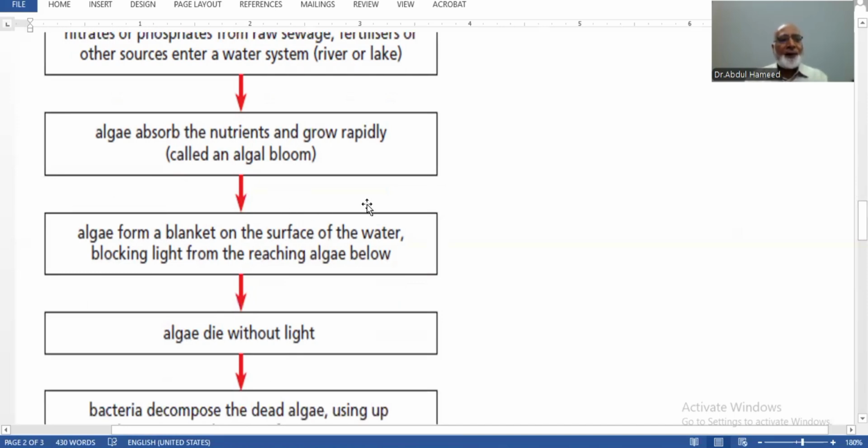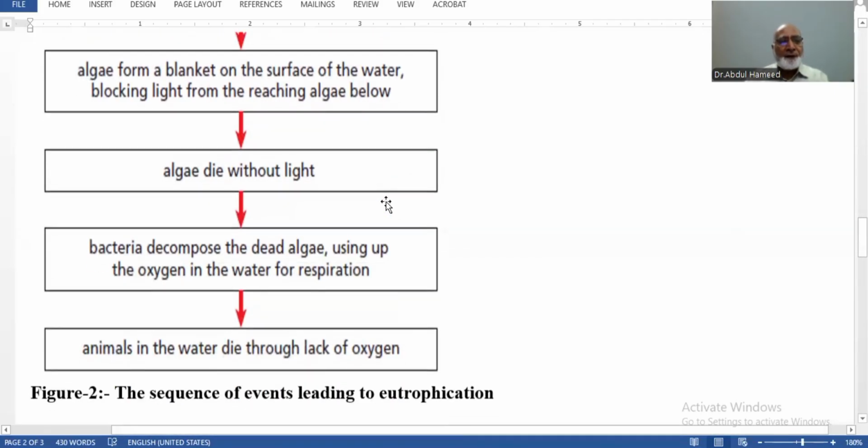Then the algae form a blanket on the surface of the water, blocking the light from reaching algae below. Then there will be death of those plants which may be present over there, but even those plants and algae, obviously they will die after some time. So what will happen? Bacteria will decompose the dead algae and other plants, using up oxygen in water for respiration.